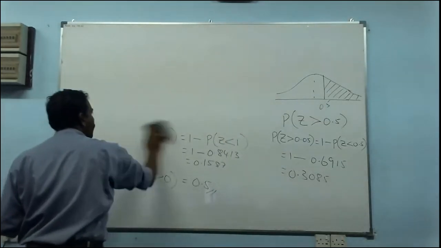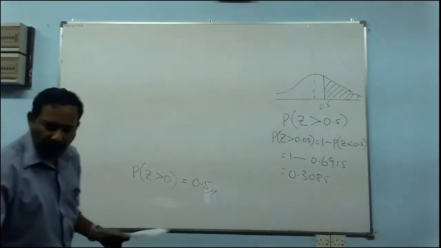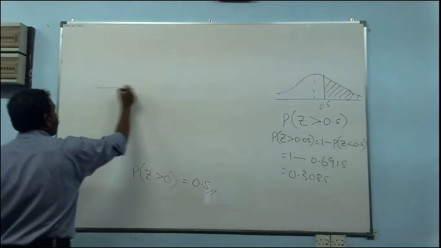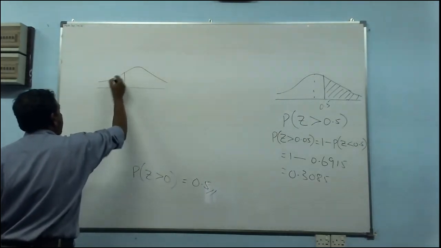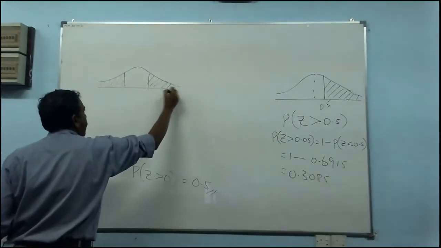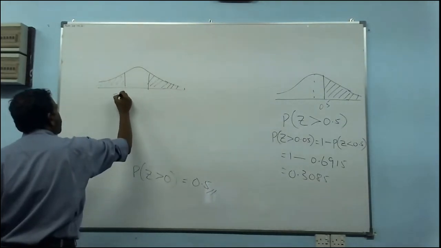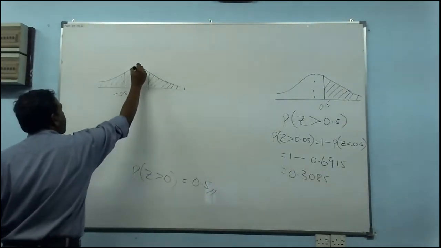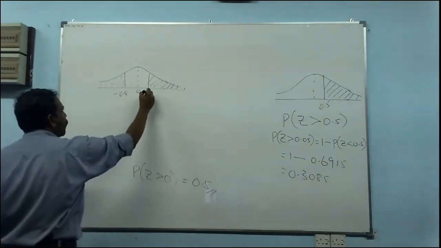Now we will come to another situation. I want to find the probability between two z values, say minus 0.8 and 1.